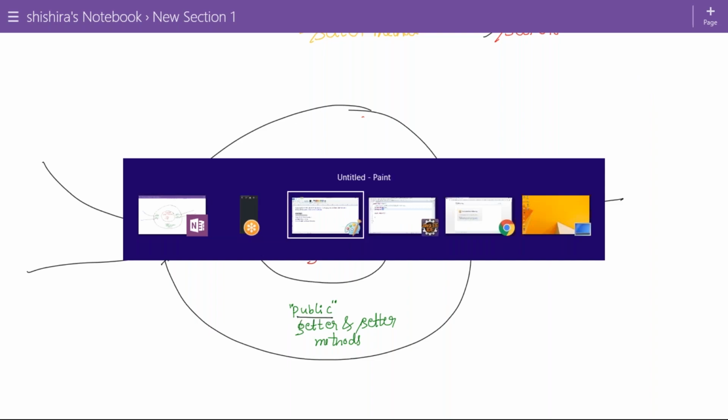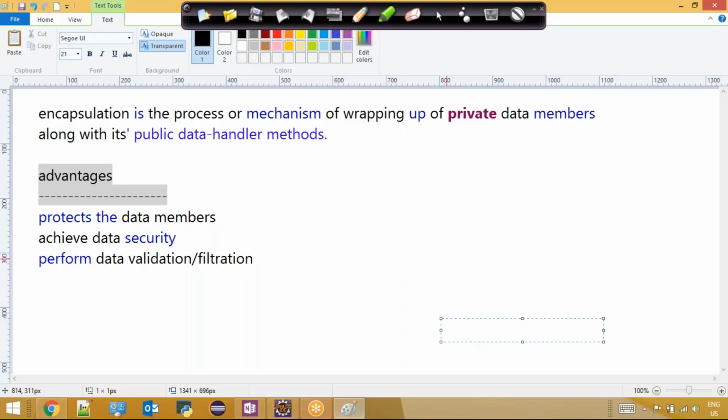Now again, read this, you will understand it. Once again, read this. Encapsulation is the process or mechanism of wrapping up the private data members along with its public data handler methods. What do you mean by public data handler methods here? Setter and getter methods.